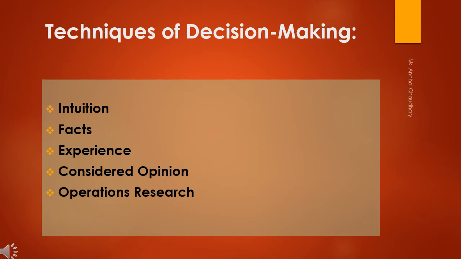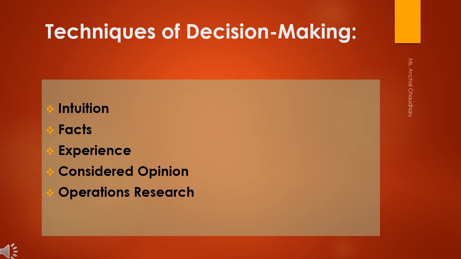This is your intuition, this inner feeling which is saying that this is going to happen if you take this decision. So many times decision making is based on intuition, meaning whenever you are taking a decision based on inner feeling, that is your intuition based decision making.